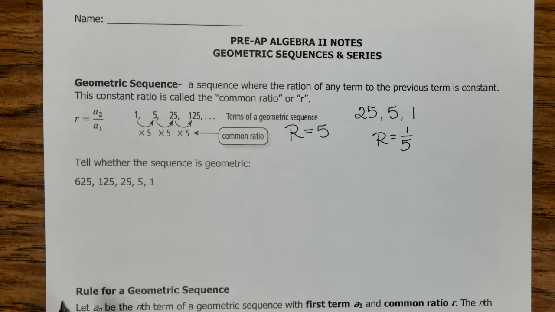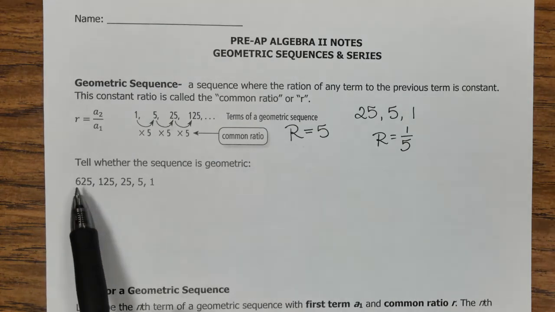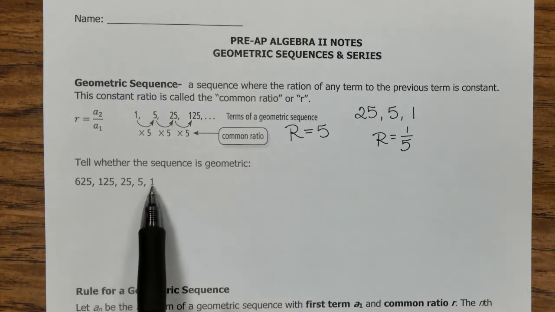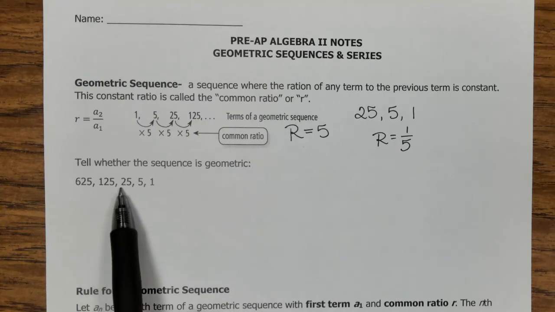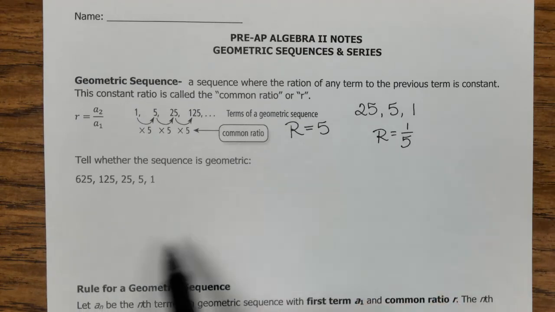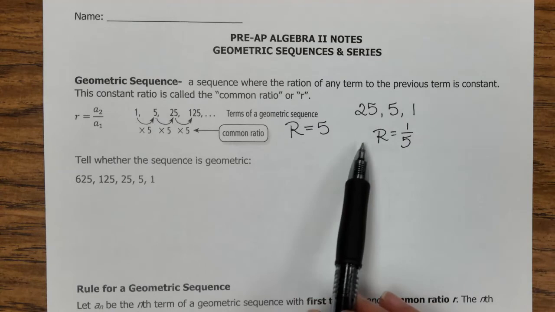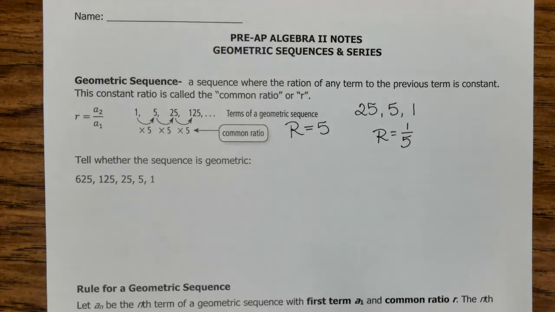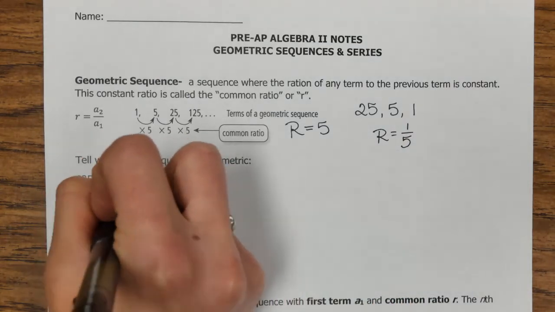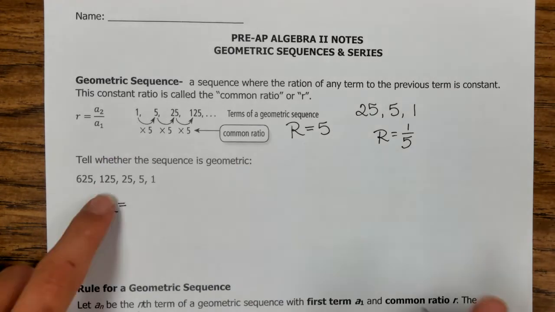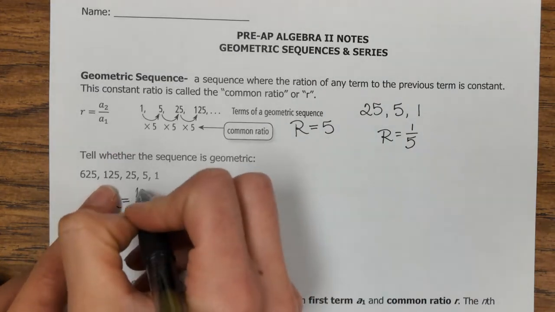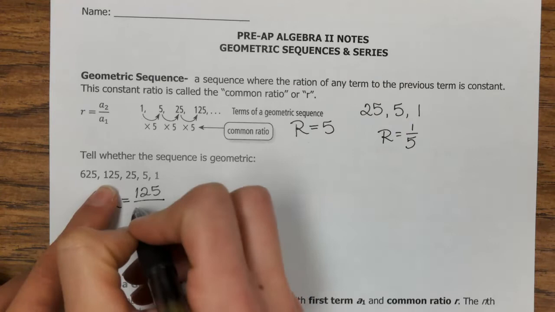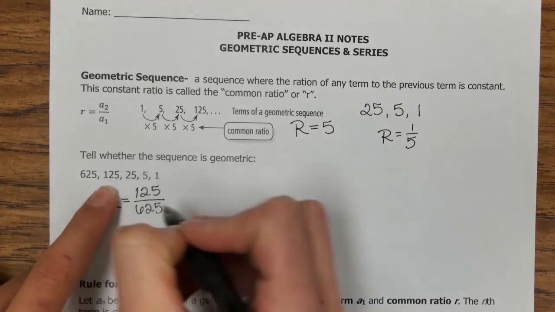If I have pretty much the same thing, 625, 125, 25, 5, 1, I did not even see that when I was writing this. Here, your common ratio is 1/5. If you didn't know it, you would take second divided by first.